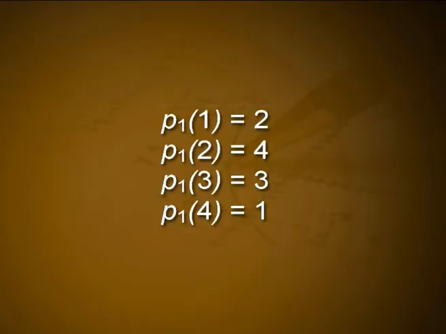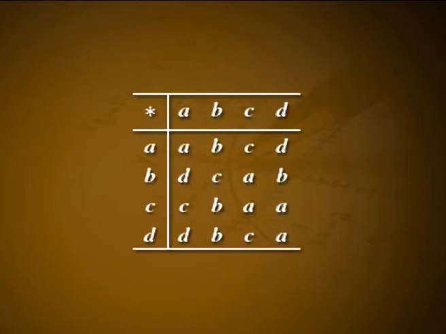A binary operation on a finite set may be defined using a table showing the result of applying that operation to any ordered pair of elements of the set. For example, if S is the set {a, b, c, d}, we can define a binary operation star on S by the table shown.